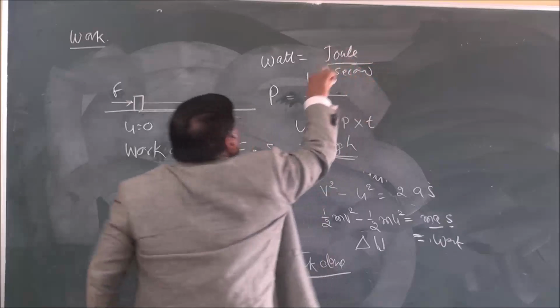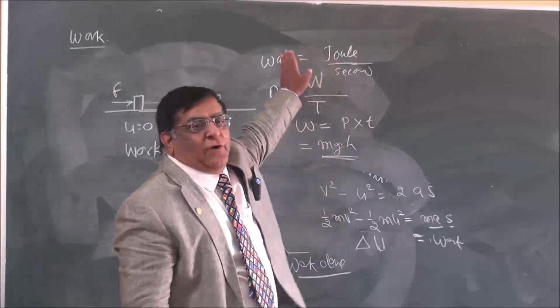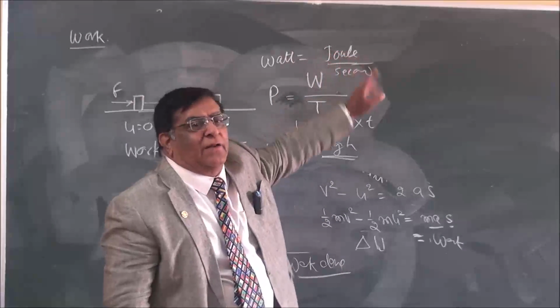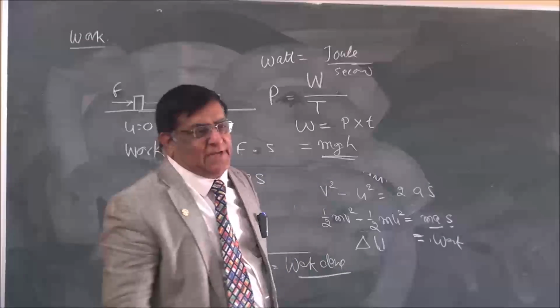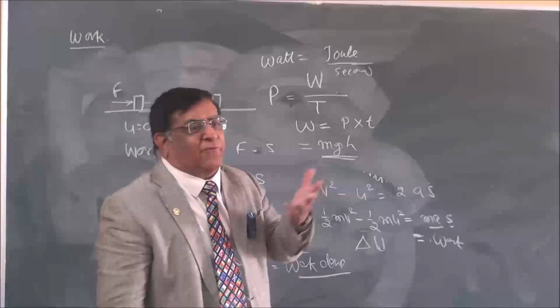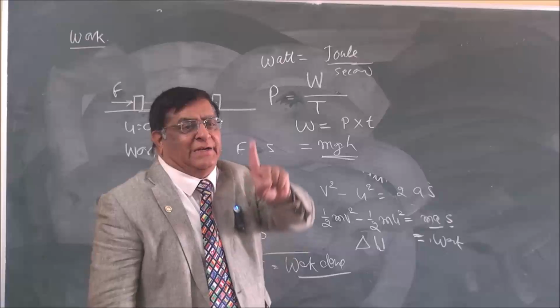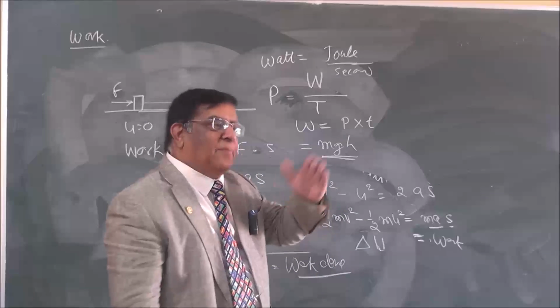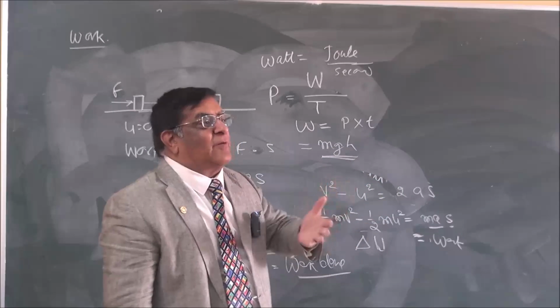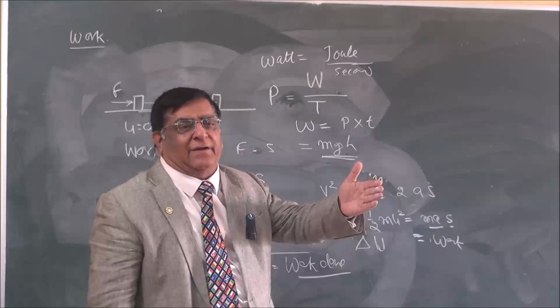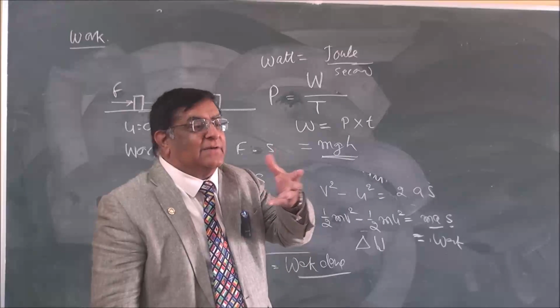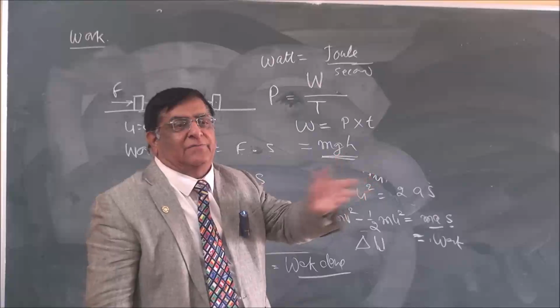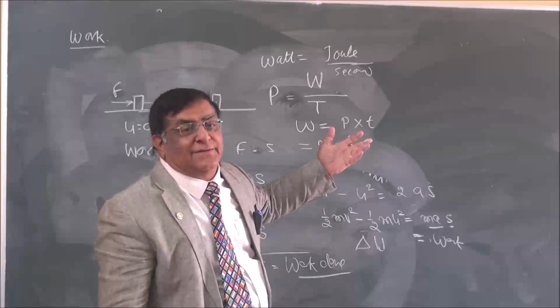In 1 second the work done is a watt. So watt and joule are equal if the time is 1 second. A 100 watt bulb is doing 100 joule of work in 1 second. So we multiply it with time, and that becomes watt into second. If you increase it, kilowatt into hour becomes the unit.